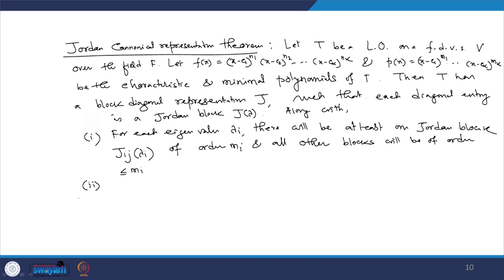Second, the sum of all orders of J_ij must be equal to ni, that is the algebraic multiplicity of the eigenvalue ci. I have written lambda i, so it should be ci, please, not J. I should write ci.